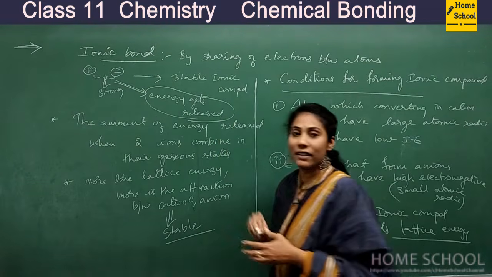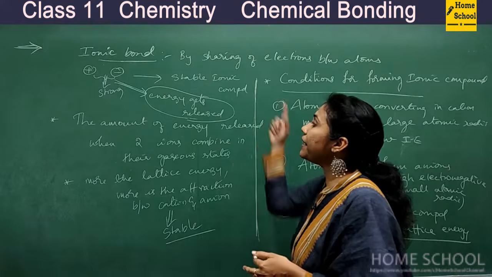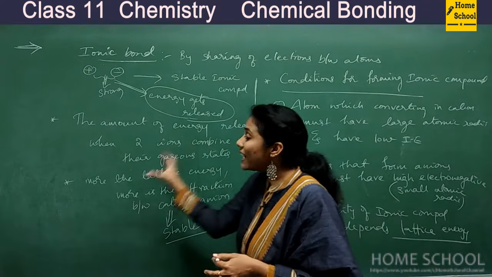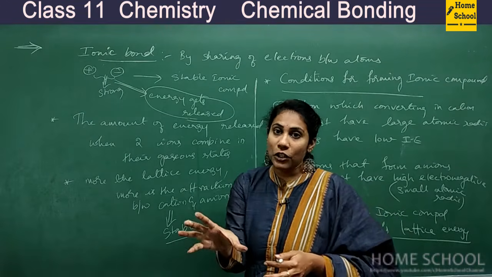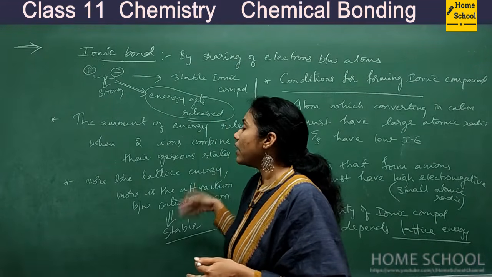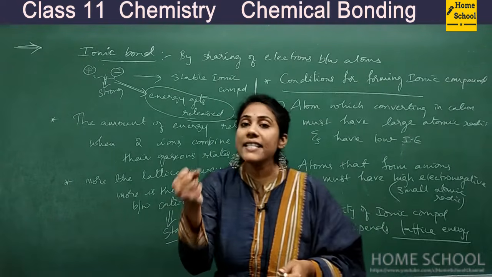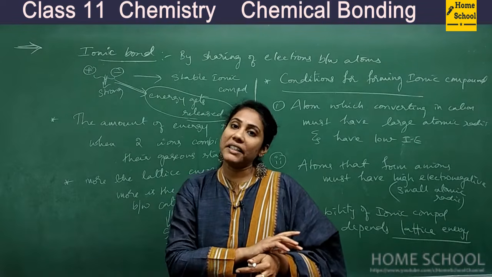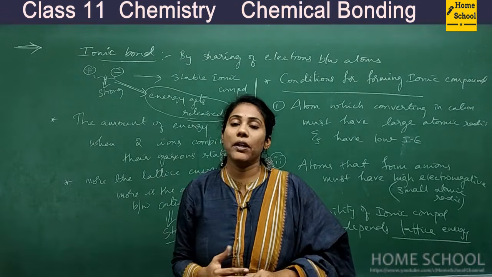This is how we decide the stability of an ionic compound based on lattice enthalpy or lattice energy. When there is more attraction, more energy is released, so the more the lattice enthalpy, the more the stability of the ionic compound. This point is really very, very important.